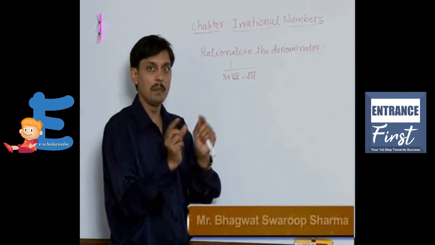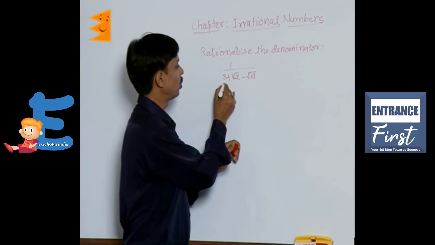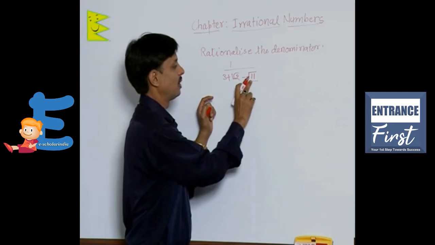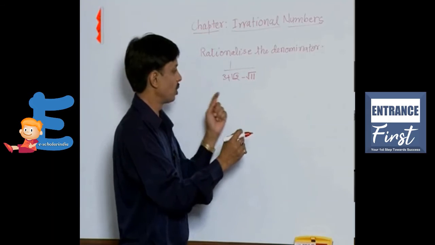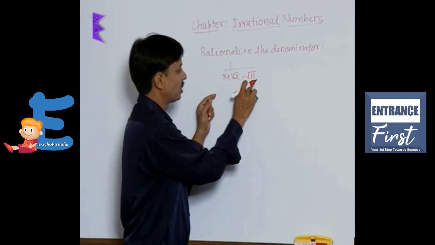So I will make a pair of 2 terms. Suppose 3 plus root 2 is taken as one term and minus root 11 is taken as another term.